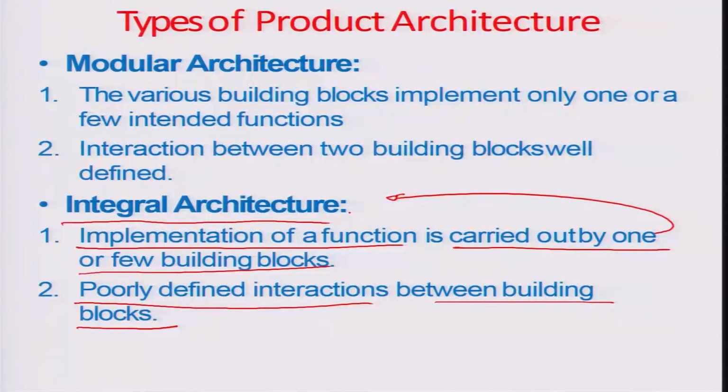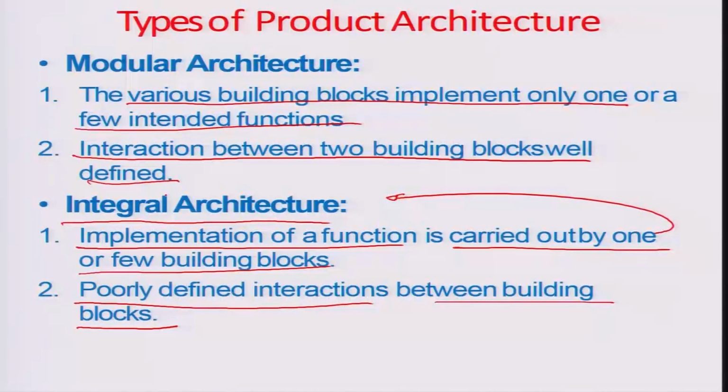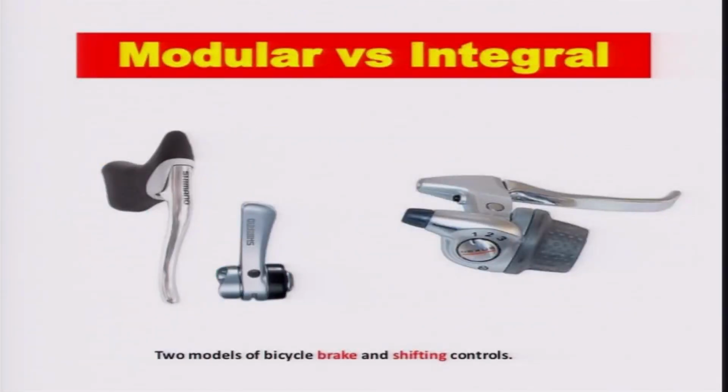in an integral architecture, as opposed to the modular architecture, where, as I have already mentioned, the various building blocks implement only one or probably a few intended functions, and that makes the interactions between two or more building blocks quite well defined and easy to recognize. So, a typical example of modular versus integral architecture is given in this particular slide, where you are talking about a bicycle brake handle as well as a gear shifting control lever.